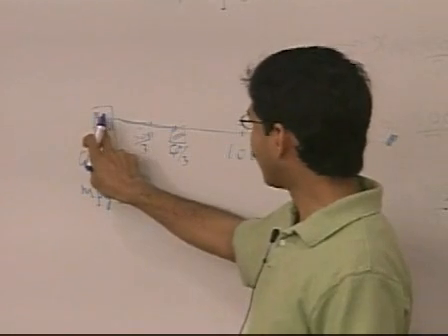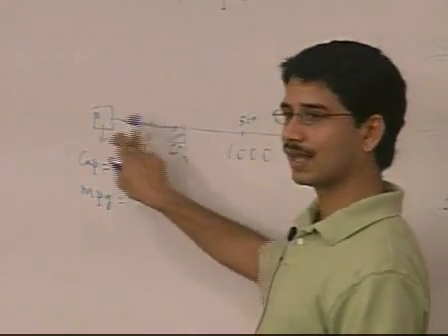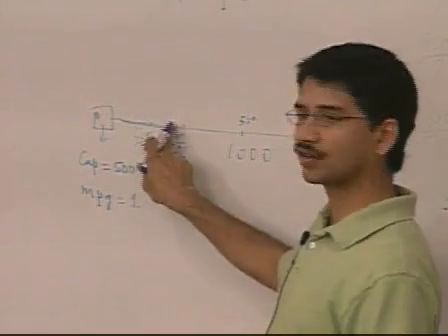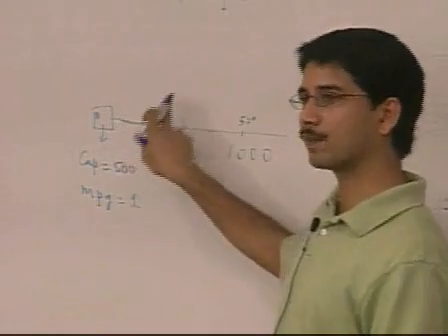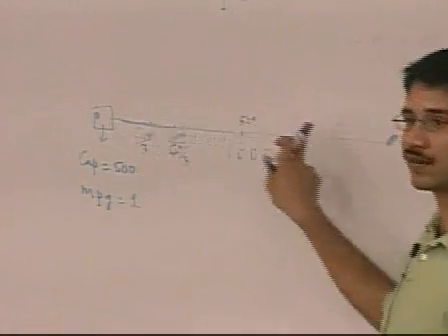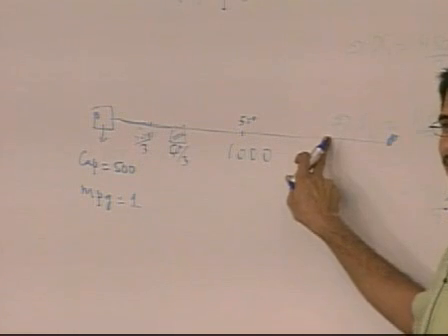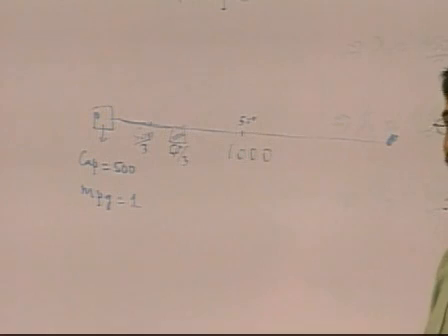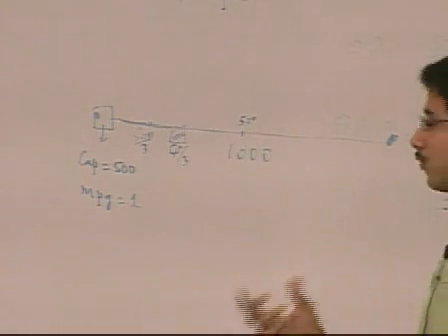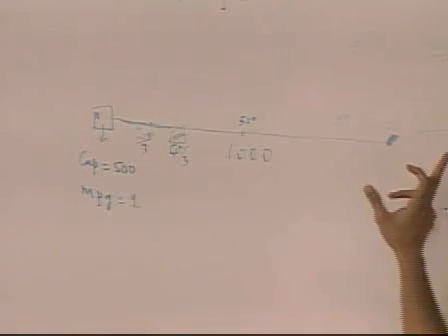And I can again come, and when I'm here, I will have exhausted 500 over 3 units, and I can use this quantity to fill up my tank and proceed 500 units from here. Does everyone understand the problem? So the question is, what is the most fuel efficient way for you to actually get to the destination?